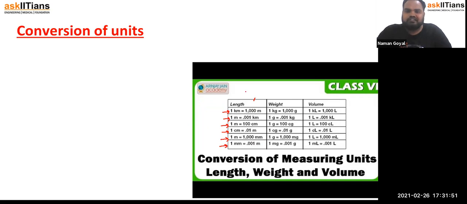This is for length, where we use meter, kilometer, centimeter, millimeter, and so on. This is for weight: kg, gram, centigram, milligram. And this is for volume, where the capacity of a container is known as the volume of that container. We can do questions like that.